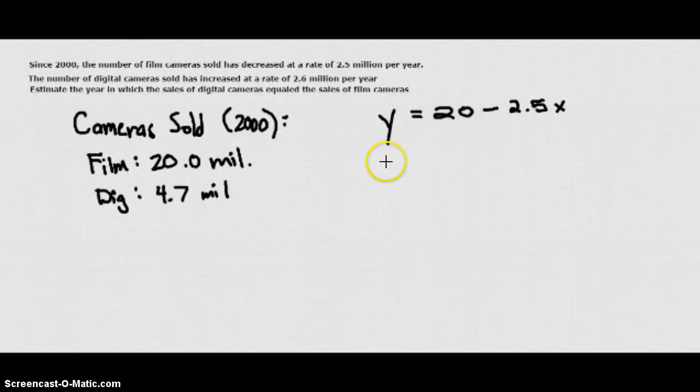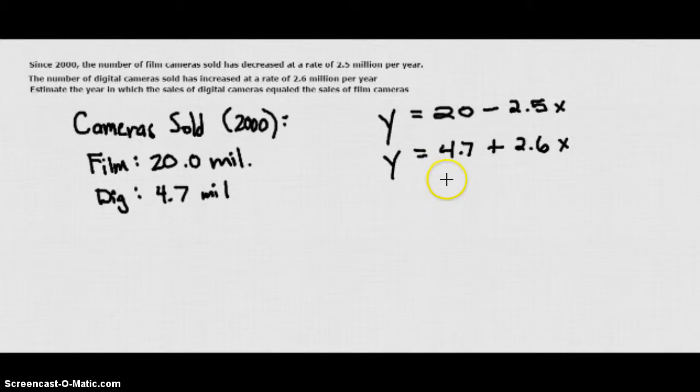On the other hand, we have our digital cameras, which the total number sold is going to be 4.7, and now they're increasing at a rate of 2.6 million per year x. So my equation for digital cameras is going to look something like that.